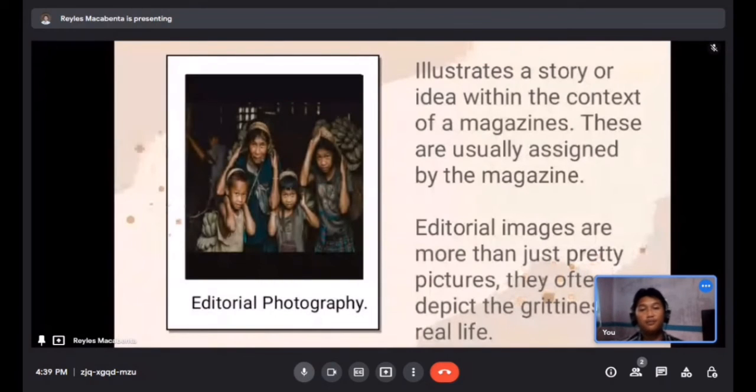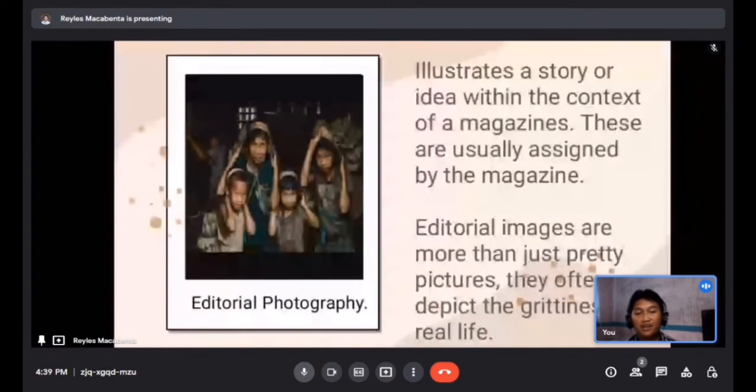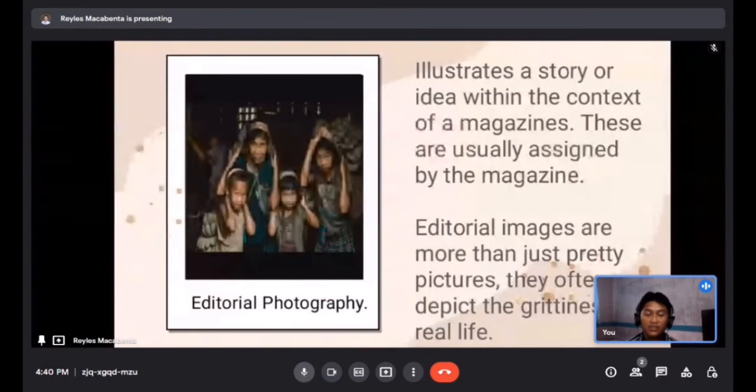Editorial photography images are more than just pretty pictures. They often depict the grittiness of real life. Just like what you have nakita sa ato ang screen, a picture of a family nga naglukdo, nagdala og banana.